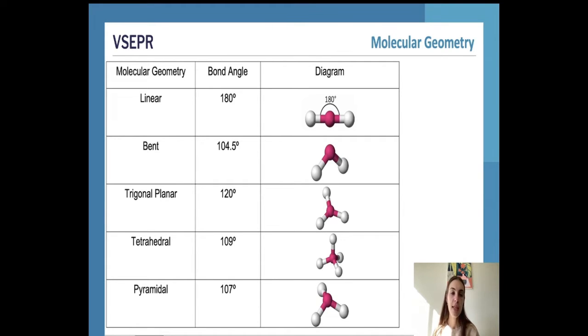Our next one which we see is trigonal planar. And so trigonal planar has a 120 degrees bond angle. And so we can see that this is another, much like the linear molecule, there's no presence of unpaired or lone pairs in this particular scenario. And so we don't have any downward repulsion that we can identify in this molecule.